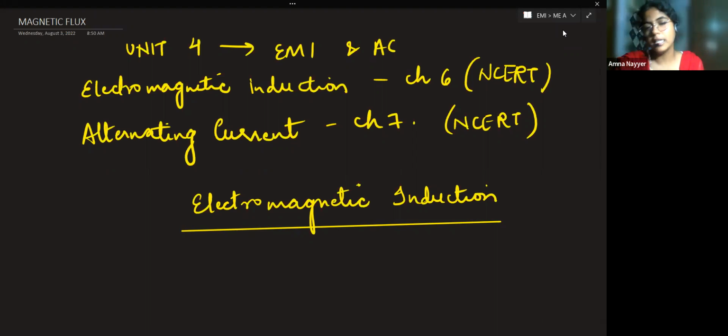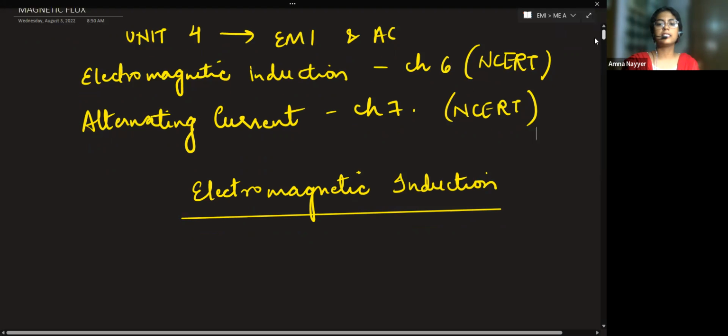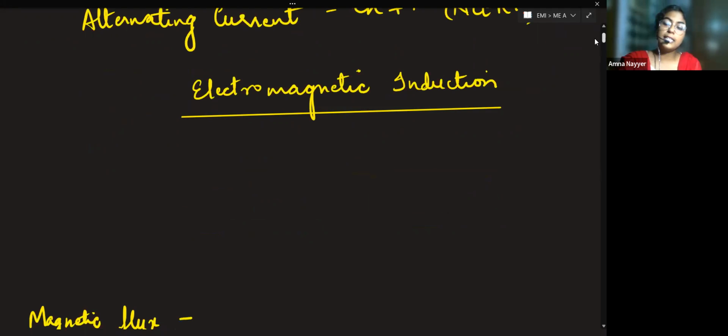Electromagnetic induction basically arose from the fact that, in chapter 5 or till chapter number 5, we had seen that a current carrying wire produced a magnetic field.